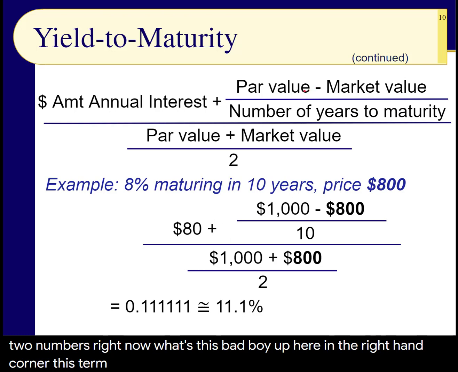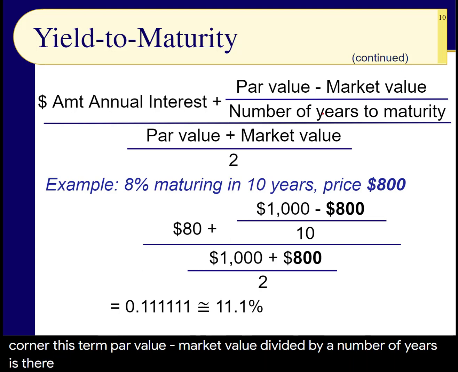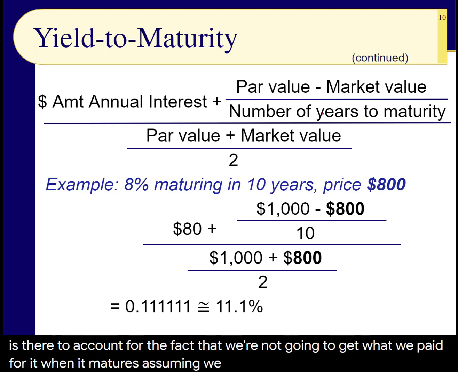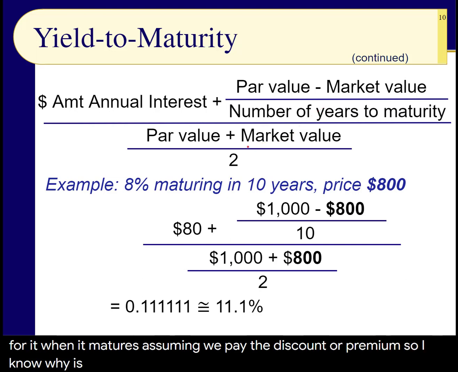This term, par value minus market value divided by the number of years, is there to account for the fact that we're not going to get what we paid for it when it matures, assuming we paid a discount or a premium. So I know, why is it plus in the bottom and minus in the top? They're two different terms.